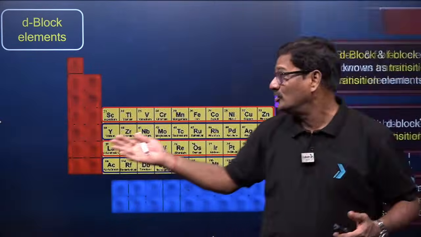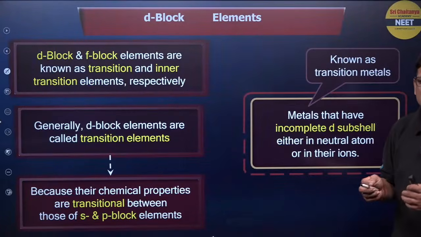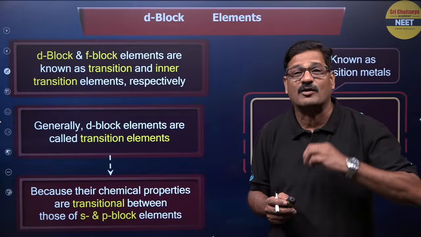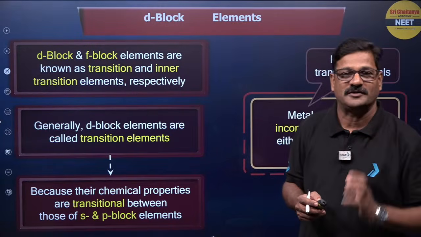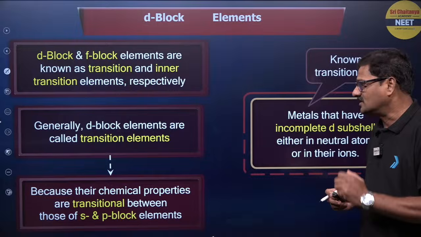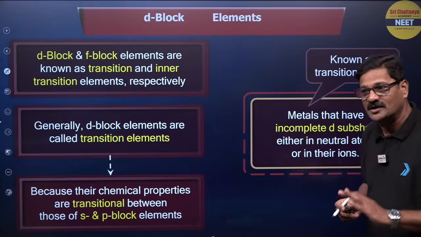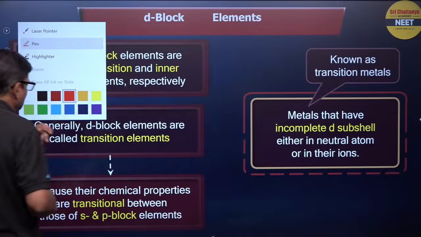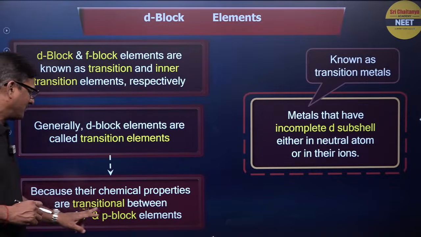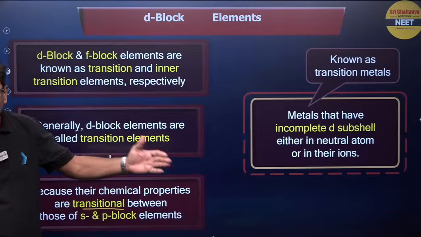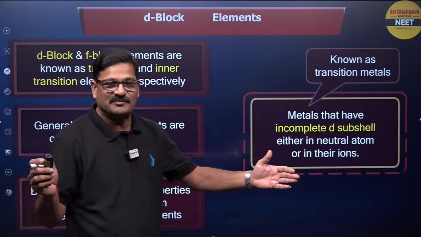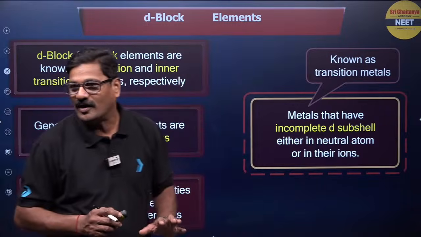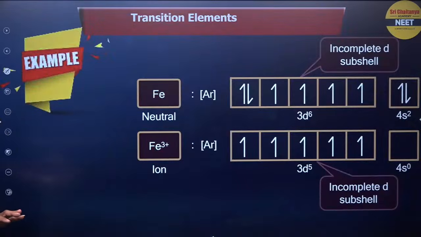Moving ahead, D block elements are the elements in which the d orbitals are filled in the penultimate shell, and generally D block elements are called transition elements. Because they have incompletely filled d orbitals, they are in the transition between S block elements and P block elements, so their properties lie in between the two. And they are all metals.